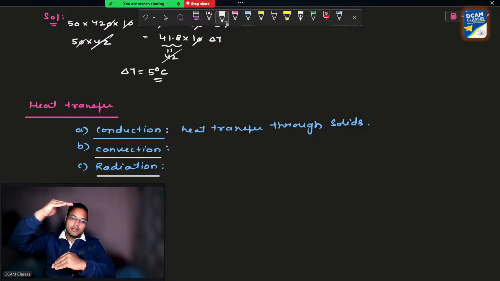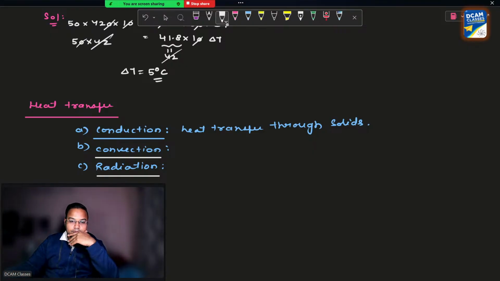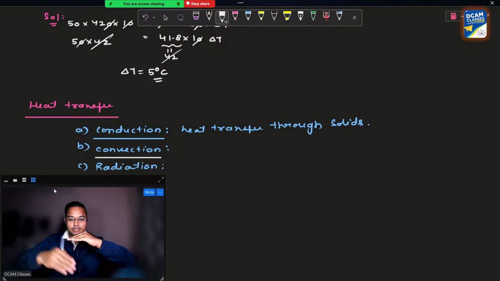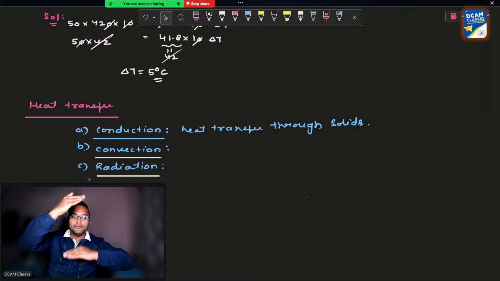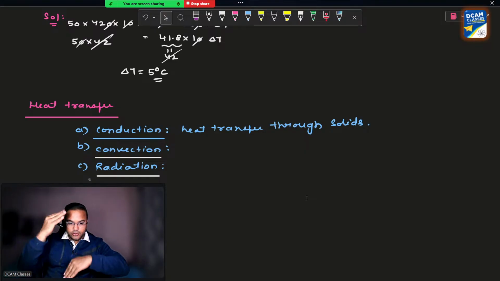The upper water already has higher density, so it comes down. Then that water again gets heated, its density gets lower, and it goes up. Like this, circulation of water takes place. In the same way, circulation of air also takes place.